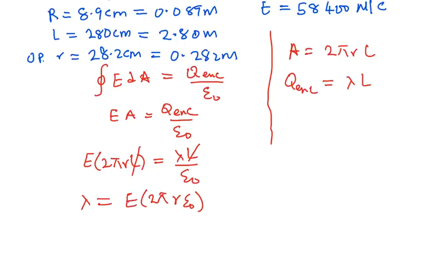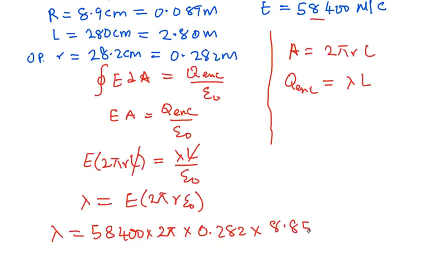For us to find the linear charge density, we are given E to be 58400 multiplied by 2 pi, and the radius of the observation point is 0.282, and the permittivity of free space is a constant, which is 8.85 times 10 to the power negative 12.